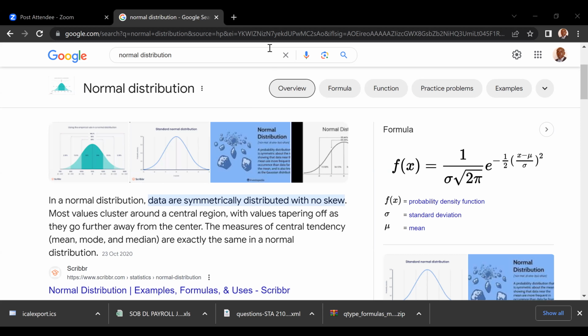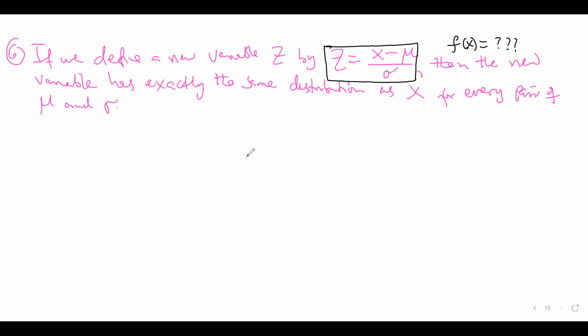So we're saying that if you define a new variable z using that formula, then the new variable has exactly the same distribution as x for every pair of mean and sigma.